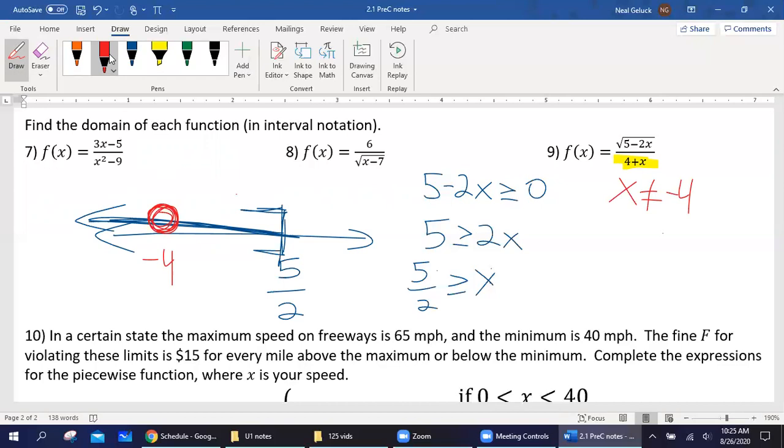So how do I write this in interval notation? This is everything from negative infinity to -4. Hop over -4. -4 to 5/2, and we were including 5/2.